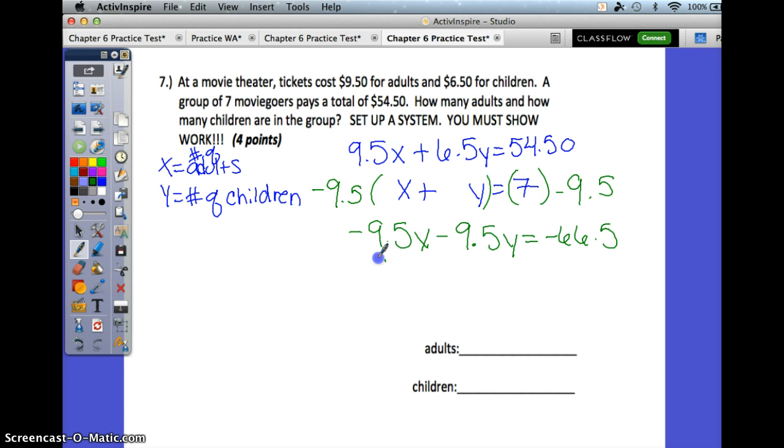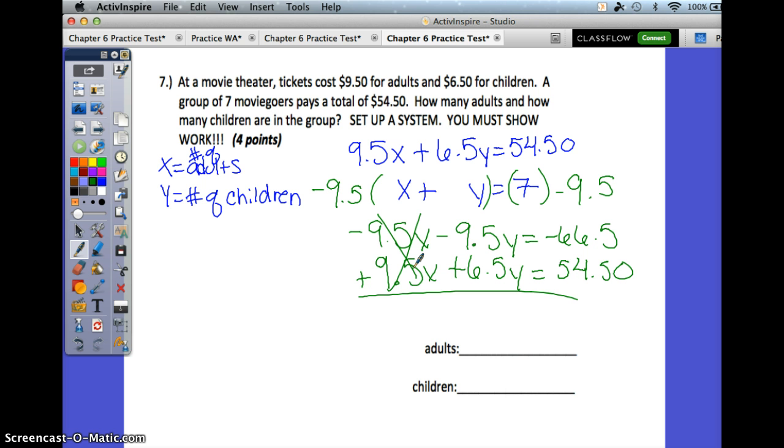And we bring down our first equation, 9.5x plus 6.5y equals 54.50. Add the 2 up. They cancel. Negative 9.5y plus 6.5y is going to be negative 3y equals negative 66.5 plus 54.5, which is negative 12.